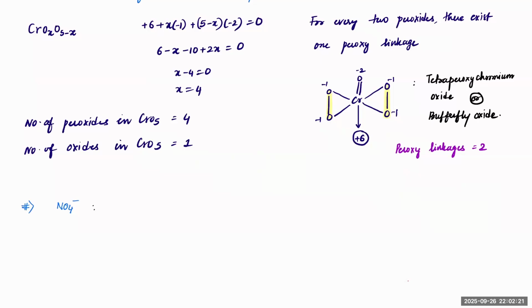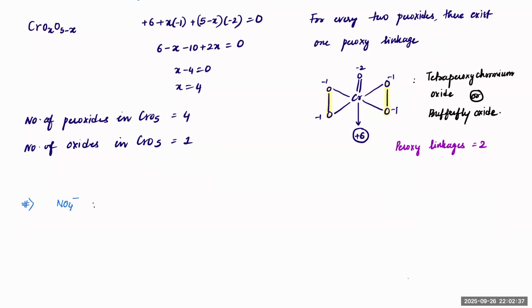Peroxides how many and oxides how many we have. Nitrogen being from group 15, maximum oxidation state it can get is plus 5, correct? So go with that logic.